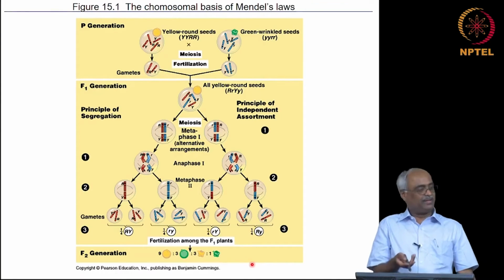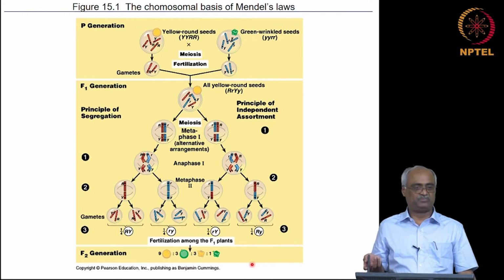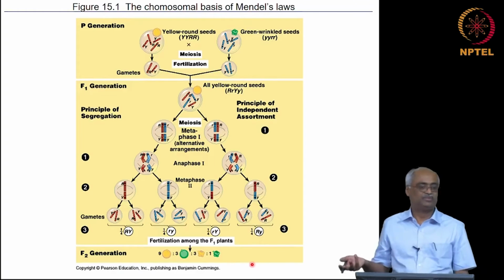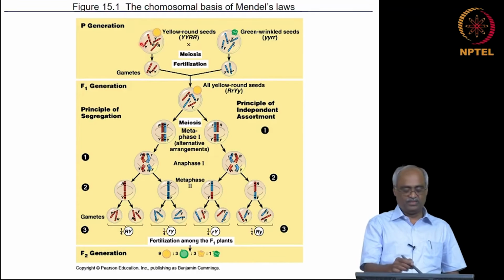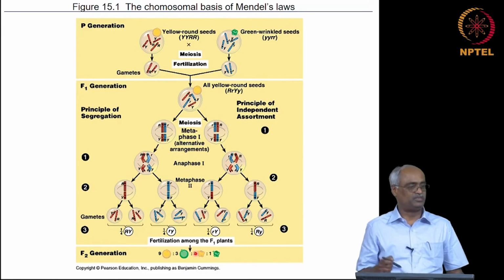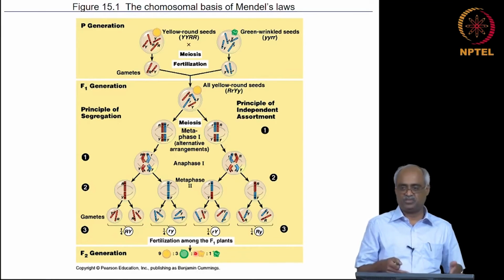Now, if they are in two different chromosomes, you will follow a 9:3:3:1 ratio in a normal cross from F1 to F2 without test cross. And if they are on the same chromosome, you will follow a 3:1 ratio, right, like for this capital Y and small y coming together here in the various combinations, it is a 1:2:1 ratio, and phenotype is 3:1 ratio.